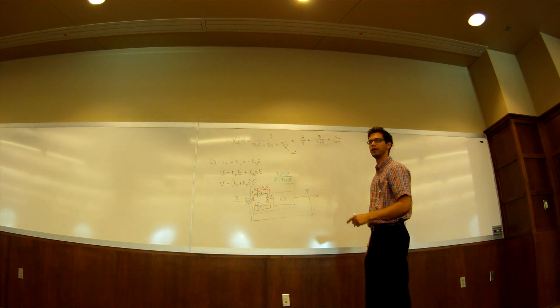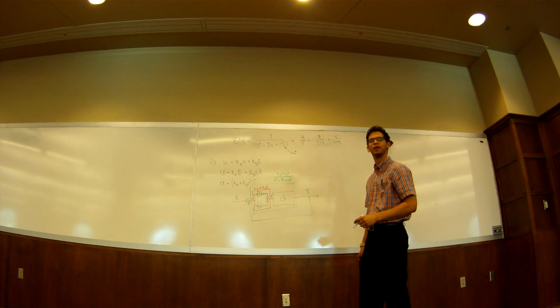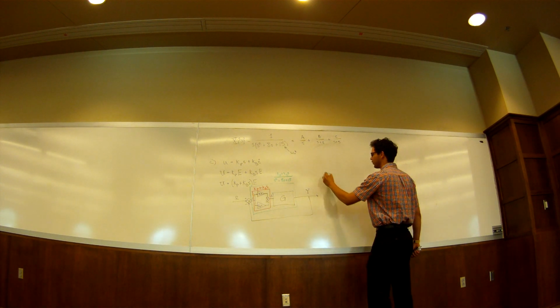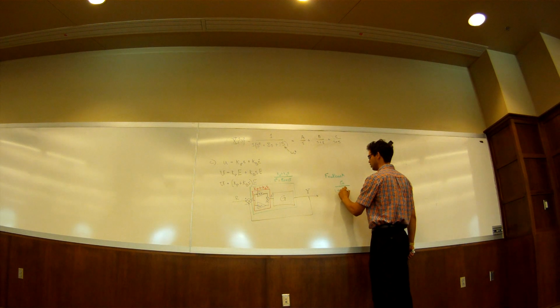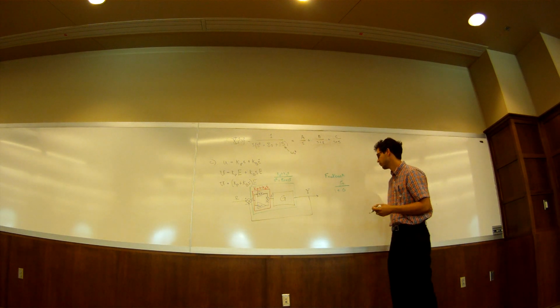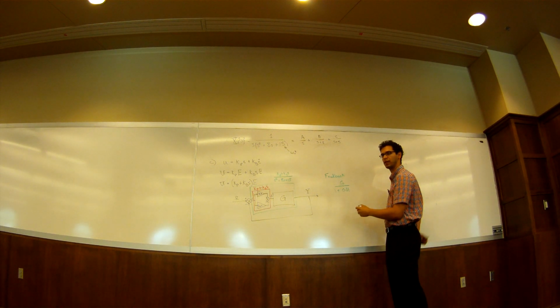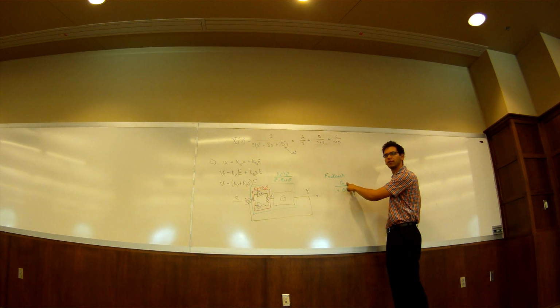And then what do I do? Feedback. And what's the formula for feedback? G over 1 plus H. G over 1 plus G, because there's no H, right? But if there was an H, I would have an H here. Is there an H up here? Or no, this is one.